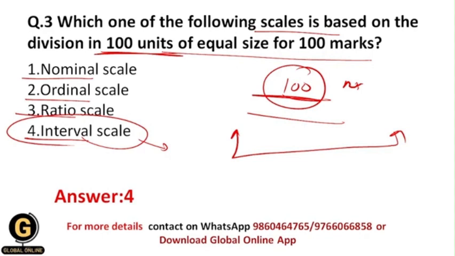So here the 100 units of equal size are there. It means that intervals of these sizes are equal basically. Okay, and as well there is no true 0 point, and that's why the scale based on this division is basically nothing but the interval scale, and that's why your correct answer should be 4.